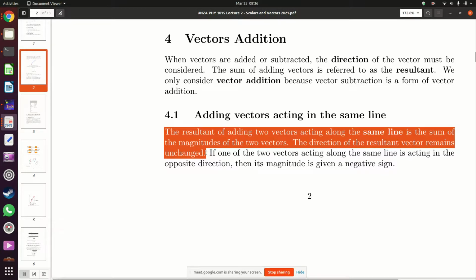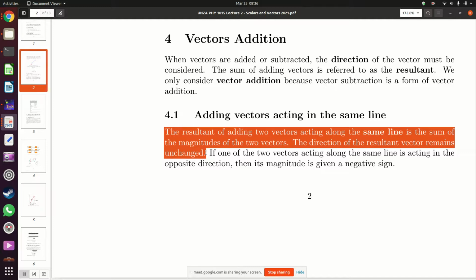So when you get a vector A, you find the x component ax, then you find the y component ay. Then you get another vector B, you find its x component bx, then its y component by. The ax of vector A and bx are pointing in the same direction.